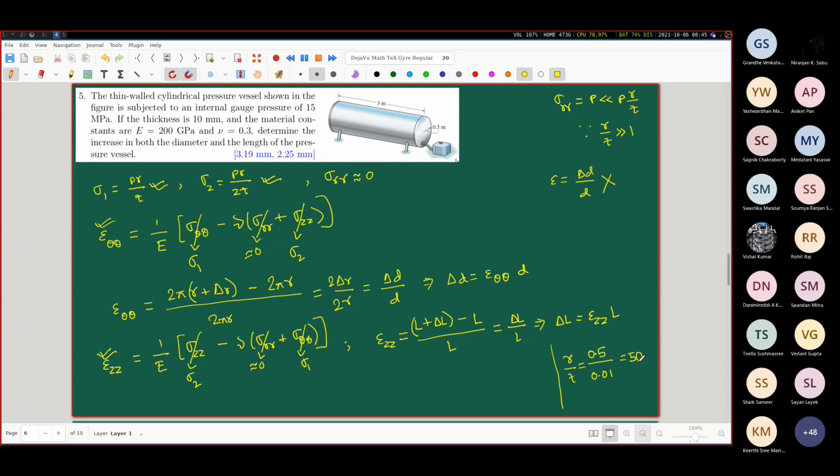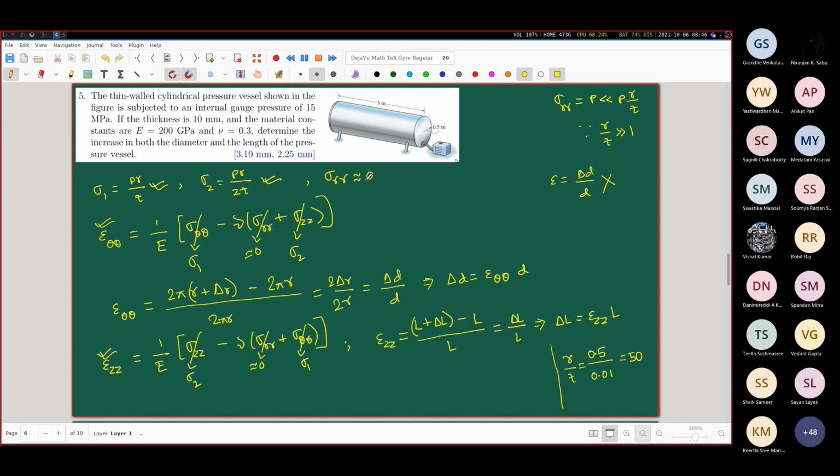As I said earlier, if R by T is greater than 10, it works very well. Here you have R by T equal to 50. So in terms of orders of magnitude, there are 2 orders of magnitude difference between the value of sigma 1 or sigma 2 and the sigma RR value. You will get this as P, and if you really want, you can avoid all of these approximations and do a full elasticity analysis.